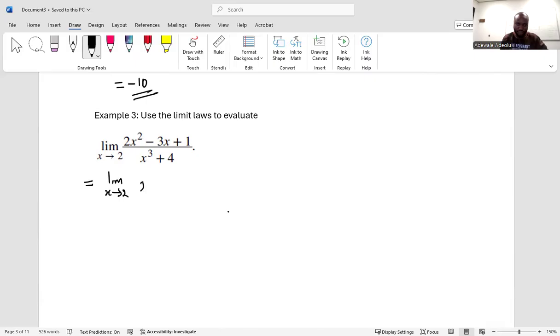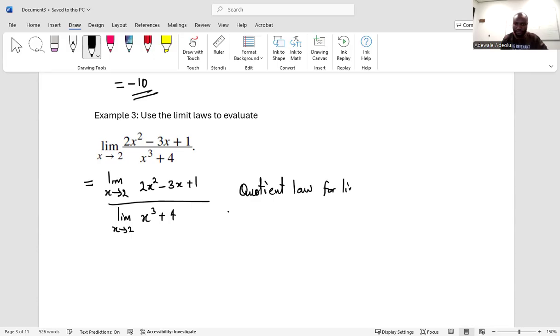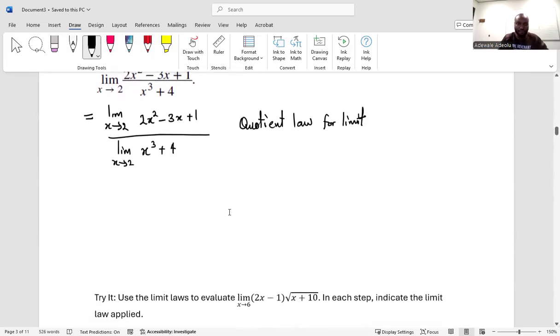So that is the limit as x goes to 2 of 2x squared minus 3x plus 1, divided by the limit as x goes to 2 of x raised to power 3 plus 4. So this is from the quotient law for limits. That is what I've used here.